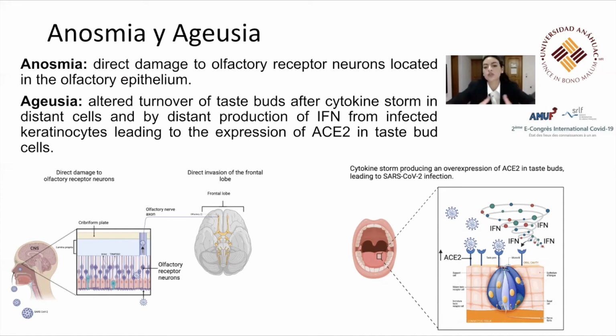Another explanation could thus be that following infection of epithelial cells in the tongue, inflammatory cytokines could reach the taste buds, impairing their renewal. Indeed, toll-like receptors and interferon receptors are highly expressed in taste buds, and their activation may limit taste cell regeneration.